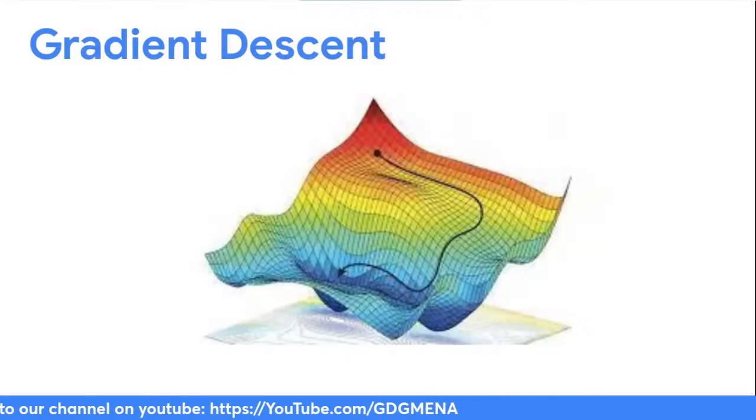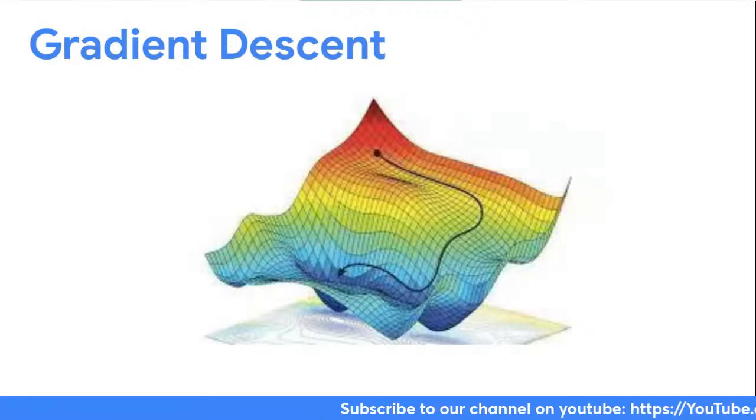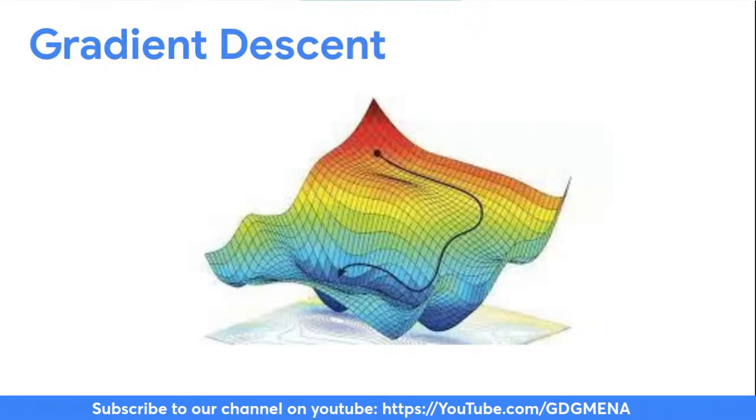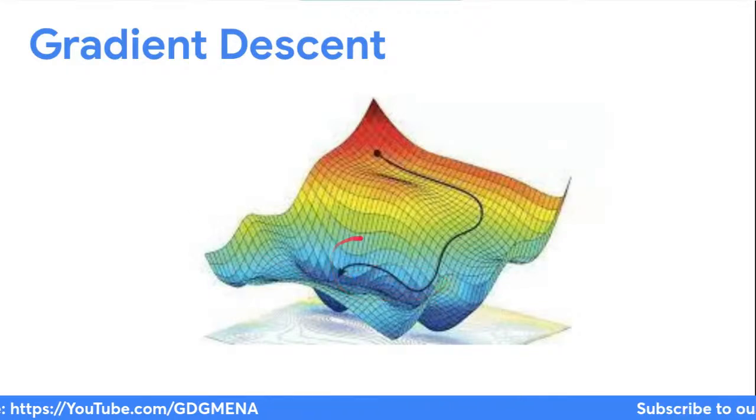Here the direction of the steepest path on the mountain is the gradient. Gradient descent is a first-order optimization algorithm, also known as the steepest descent method. To find the local minimum of a function, we use the gradient descent method.